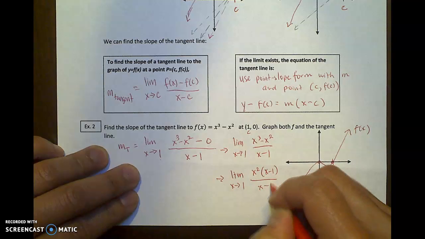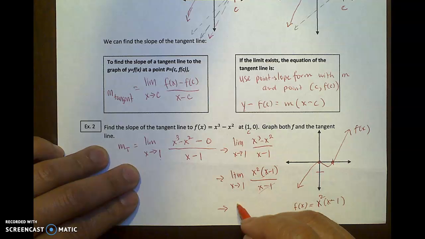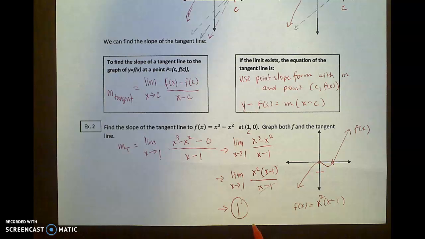These cancel. Now when I plug 1 in for x, I get 1. This 1 is the limit of this function, but more importantly, this 1 represents the slope of the tangent line.